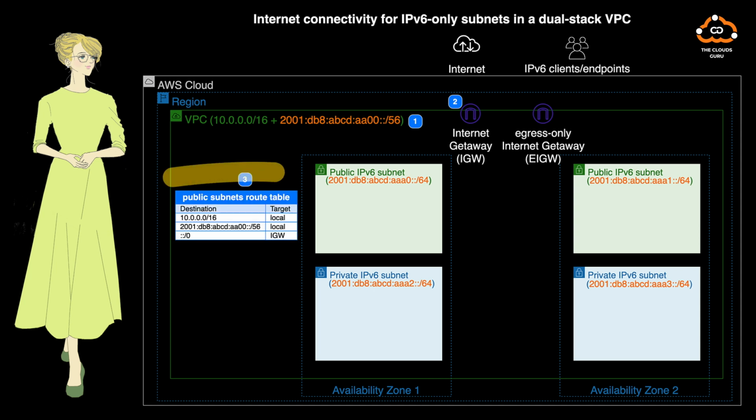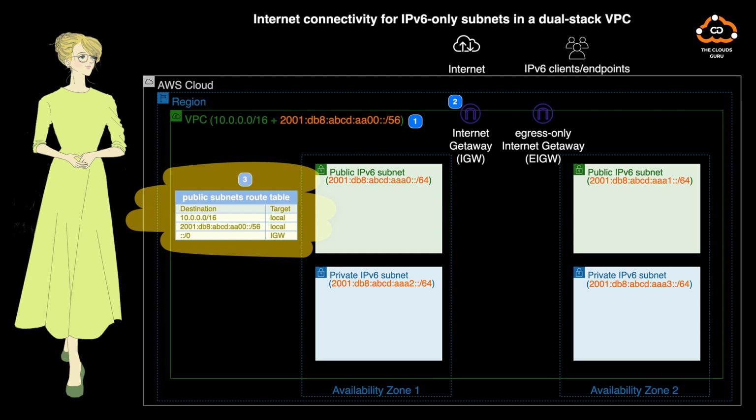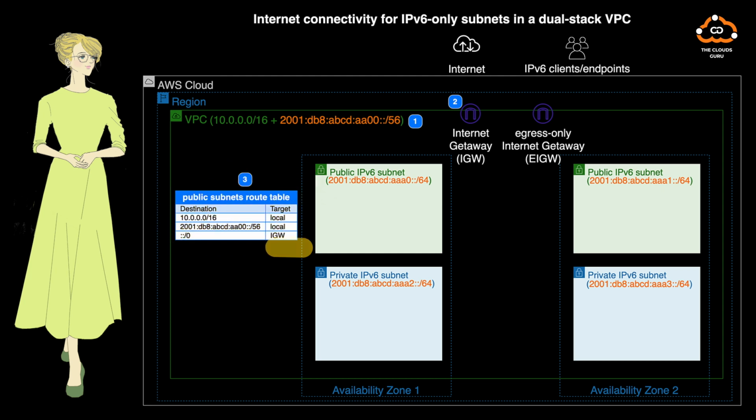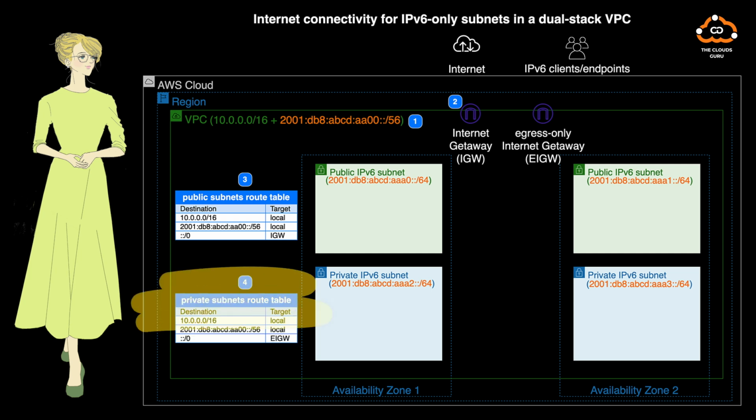Next, the public IPv6 only subnets route tables have the default IPv6 route, ::/0, with the Internet Gateway as the target. The private IPv6 only subnets route tables have the default IPv6 route, ::/0, with the EIGW as target.